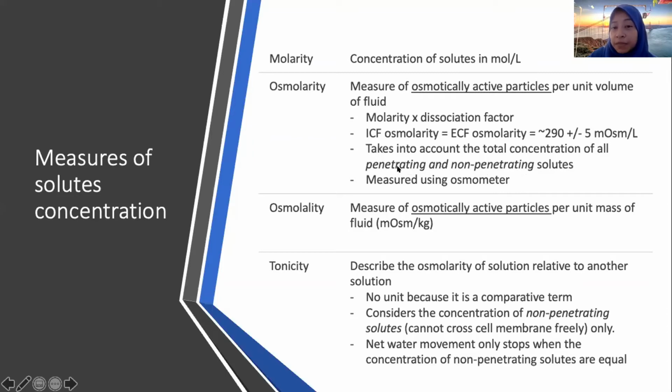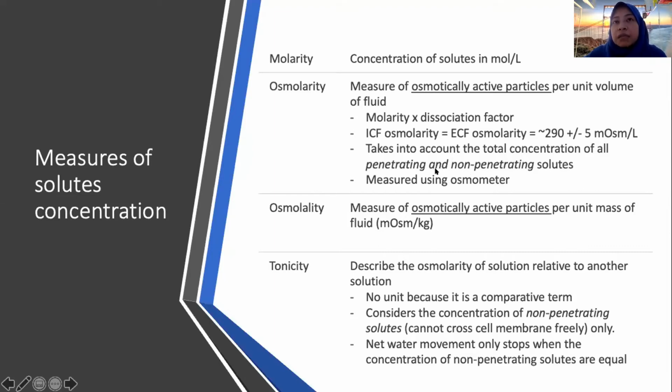What do I mean by penetrating and non-penetrating? Okay, this usually refers to a solute that can cross the semi-permeable membrane freely and readily. For example, most of the electrolytes or most of the ions, because of the charge, cannot simply cross the semi-permeable membrane. So we call them non-penetrating.